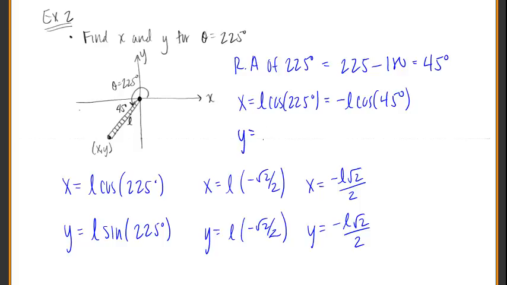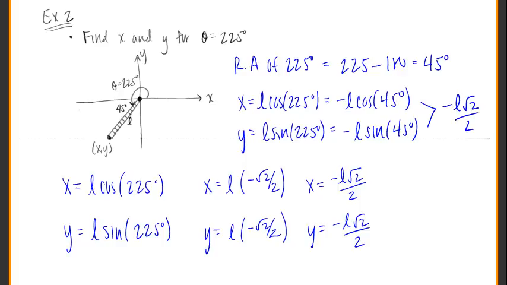And y is equal to L times the sine of 225 degrees, or using the reference angle, negative L times the sine of 45 degrees. In both cases, it's going to be negative L square root of 2 over 2 for both x and y.